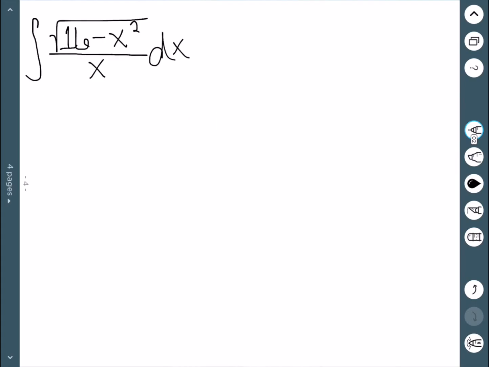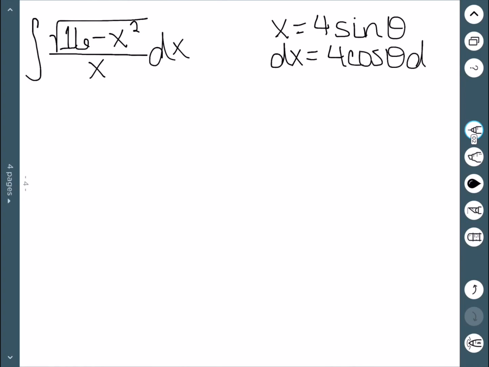A second example, we have the integral of the square root of 16 minus x squared over x dx. And once again, we can see this a squared minus x squared. So I'll let x be equal to 4 sine theta, which means dx is 4 cosine theta d theta. The numerator is then the square root of 16 minus 16 sine squared theta.